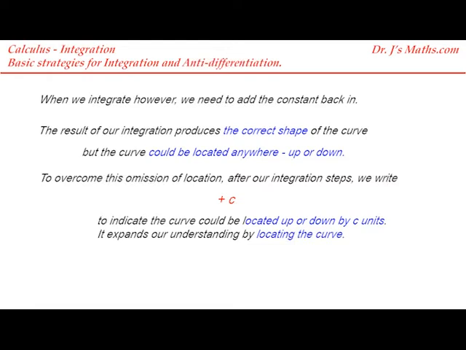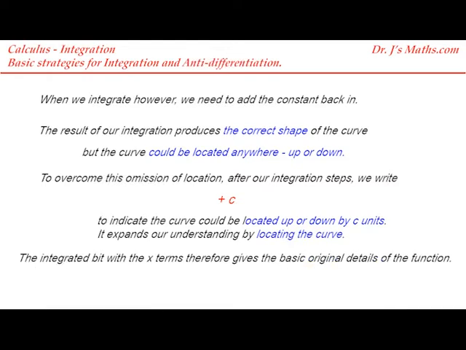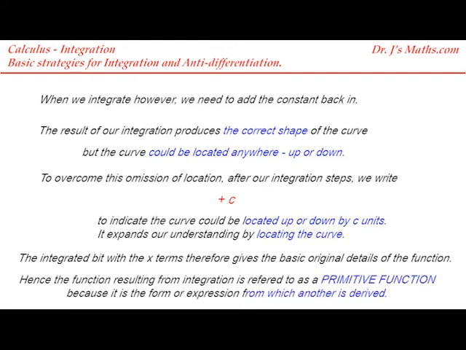It expands our understanding by locating the curve on our axis. The integrated bit with the x terms therefore gives the basic original details of the function. Hence the function resulting from integration is referred to as a primitive function because it is the form or expression from which another can be derived.